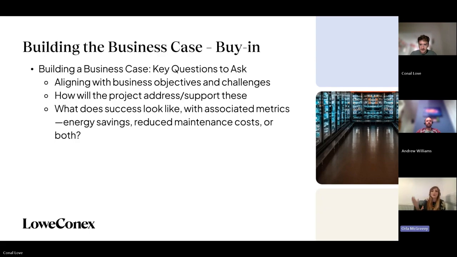All the numbers could add up, and you could have a really compelling ROI against other investments across your estate, and you could actually look at achieving net savings within year. But really, does all of that matter if the project doesn't align really strongly with your strategy as a business? That should be step number one. What are your objectives as a business? What are your challenges that are getting in the way of achieving those objectives?